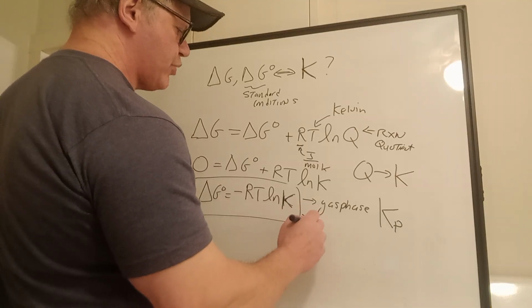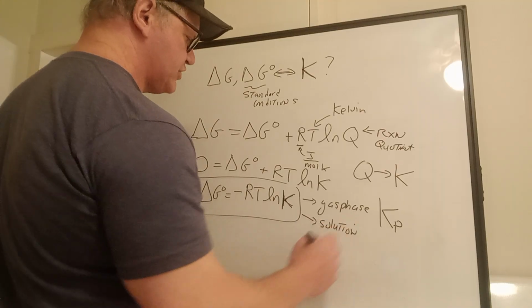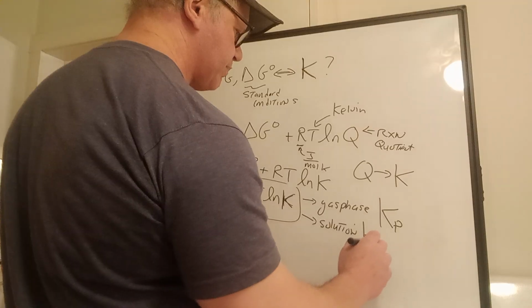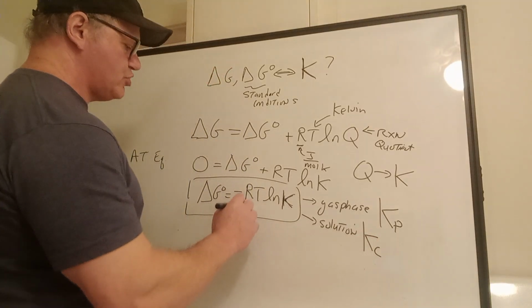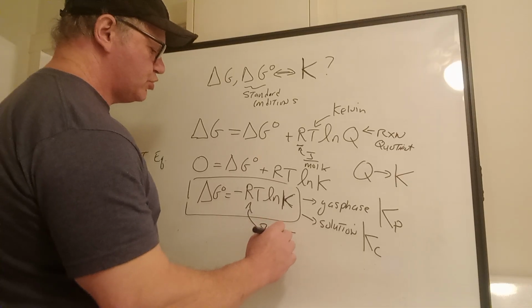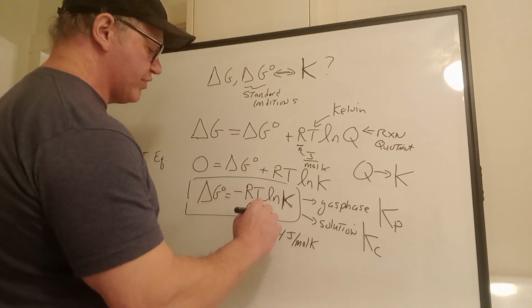If you're doing aqueous phase or other solution type of calculation, primarily we'll do aqueous phase, use Kc. In both cases, use the R, that's 8.314 joules per mole Kelvin. Temperature will be in Kelvin, of course.